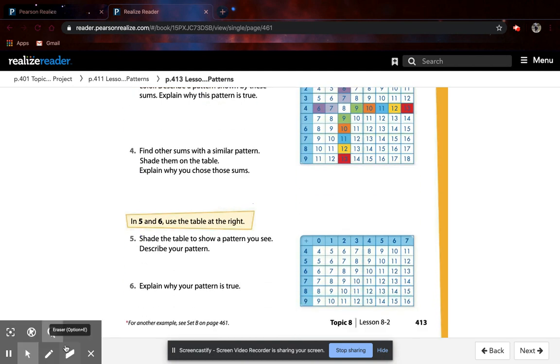For the bottom part, it says, for number 5, shade the table to show a pattern you see. Describe your pattern. So I'm going to just draw a line through the pattern that I'm going to select, and I'm going to go this way. So my numbers are 4, 6, 8, 10, 12, and 14.